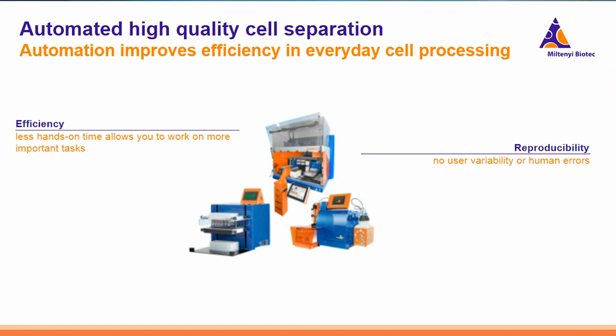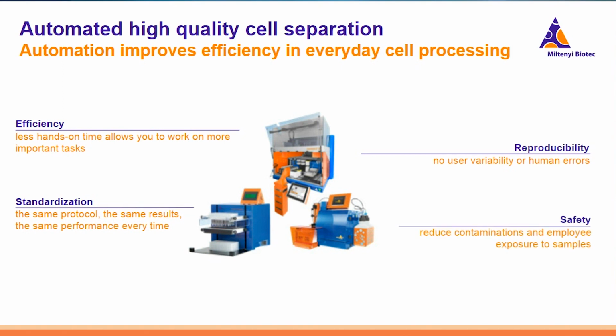The standardization is also one key factor for automation because you always run the same protocol, you get the same results and the same performance every time. And last but not least, one key factor is also the safety, because it reduces contamination and employees' exposure to samples.